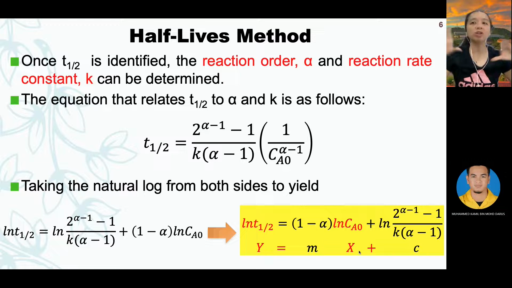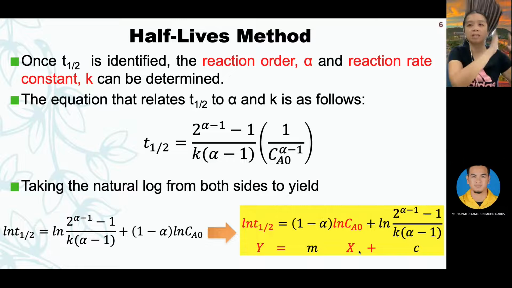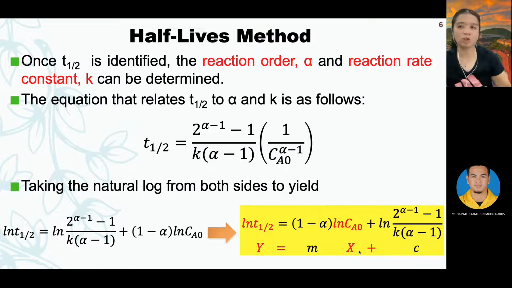Maksudnya kalau equation originally just now, I can linearize in the form of y equals to mx plus c, I can actually plot a graph based on my experimental data. Saya convert dalam bentuk linear equation, saya boleh plot a graph, and from the graph, hopefully we can get K, we can get alpha. So tapi tak boleh sebarangan linearize.